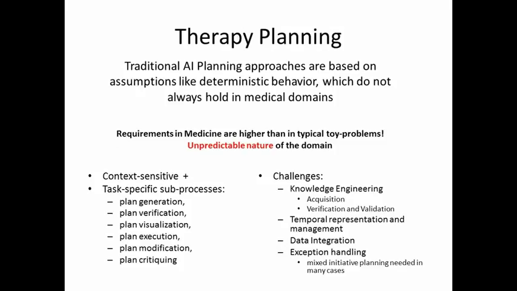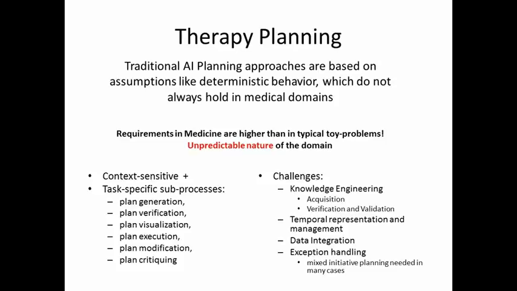So, if we try to see how to use AI planning for planning the therapy of a patient, we will see that the requirements in this domain are higher than in typical toy problems, and this is due to the unpredictable nature of this domain. In this domain we will need several specific sub-processes, not only plan generation, but, which is really important for the safety of the patient, plan verification.